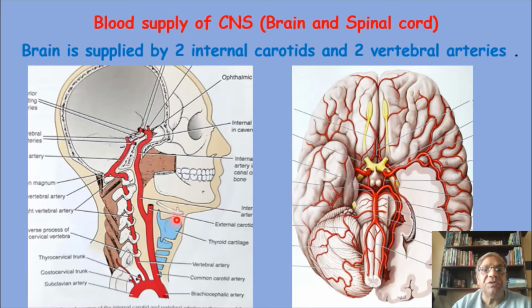After its origin from the superior border of the thyroid cartilage, it will run upward towards the base of the skull, and at the base of the skull there is an opening of the carotid canal, which is called the lower or inferior opening of the carotid canal, and then this artery will pass through the carotid canal to come into the cranial cavity through the upper opening, the superior opening of the carotid canal.